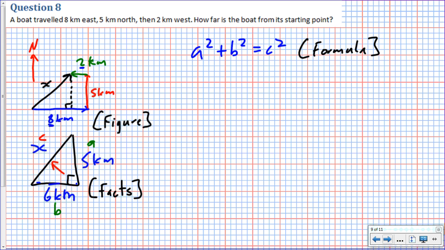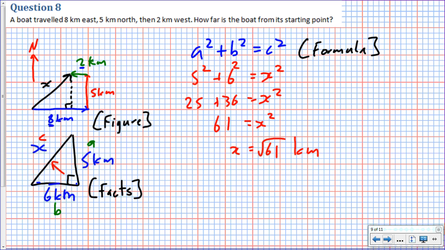And so now we can substitute in. A is going to be 5, B is going to be 6, C is x squared. So that's 25 plus 36 equals x squared. So that's going to be 61 equals x squared. So x equals square root 61. And it's going to be kilometres.